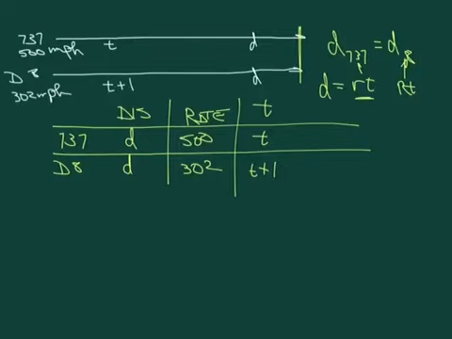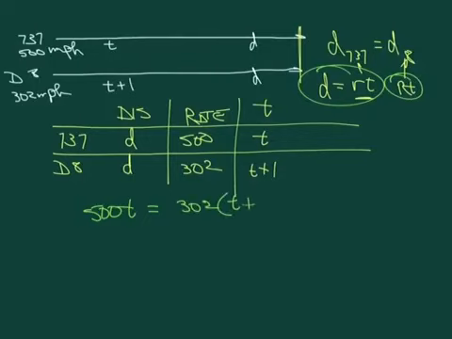All right, so again, I said that the distances are the same. So what is the rt of the 737? 500t. What is the rt of the Dash 8? 302 times t plus 1.